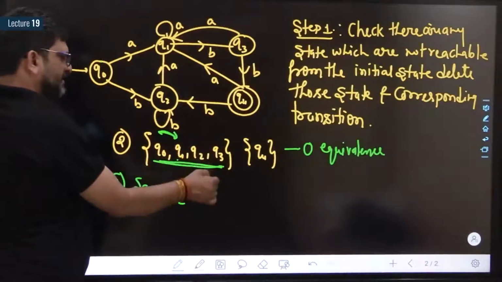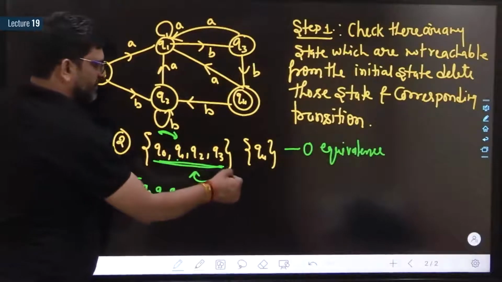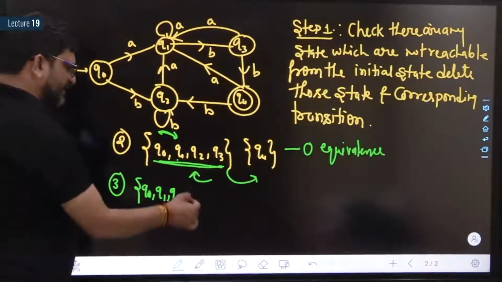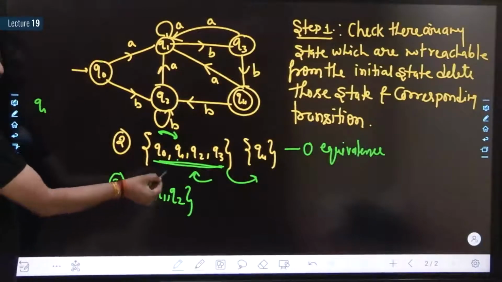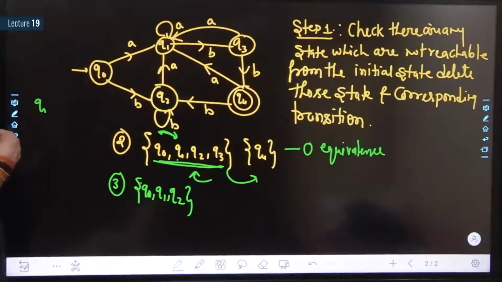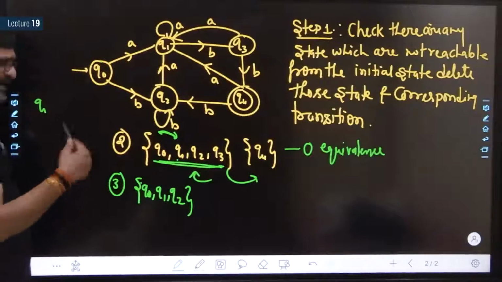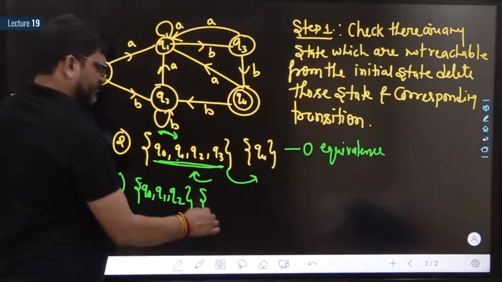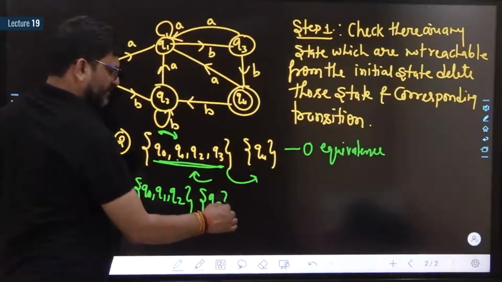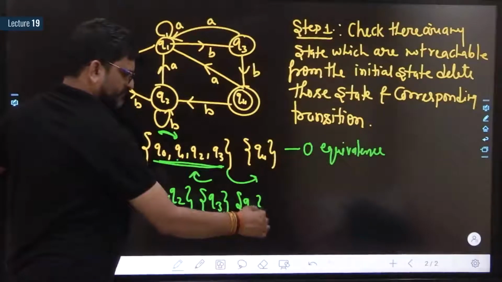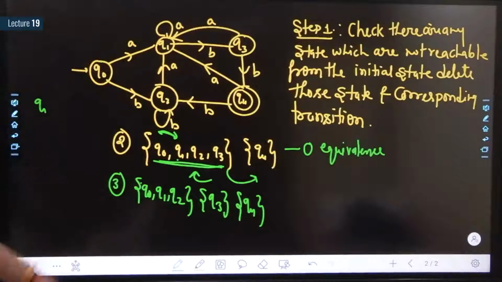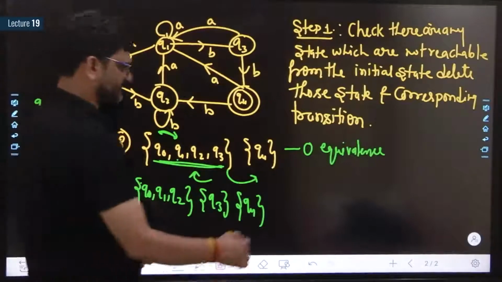Q3 on A goes to this group and Q3 on B goes to this group. It means Q3 is not 1 equivalent to Q0, Q1, Q2. So we make another set for Q3. This is Q4. Q0, Q1, Q2 are 1 equivalent.